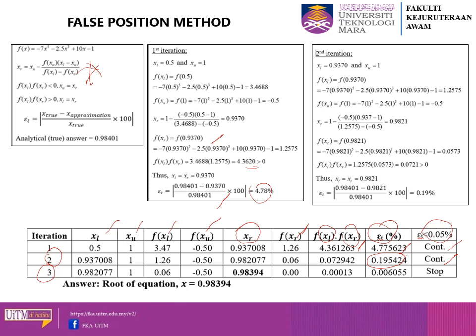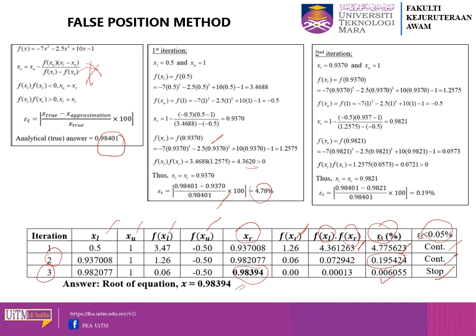On this third iteration, we can see the percentage of error is less than 0.05, so we can stop the iteration. The last answer of the root value is 0.98394, also quite close to the true answer.